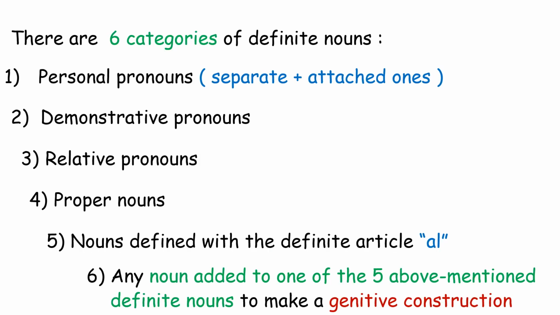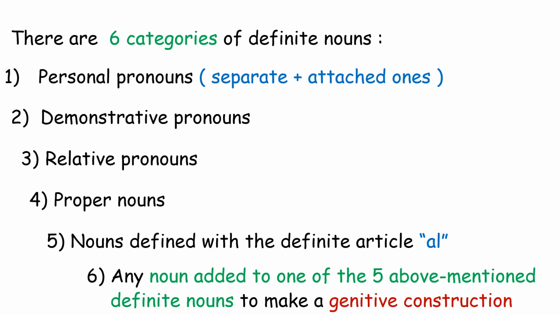Right, so again, there are 6 categories of definite nouns in Arabic, and they are personal pronouns, demonstrative pronouns, relative pronouns, proper nouns, nouns defined with the definite article al, and any noun that has been added to one of the 5 above mentioned definite nouns to make a genitive construction.